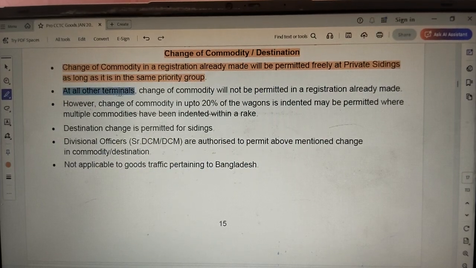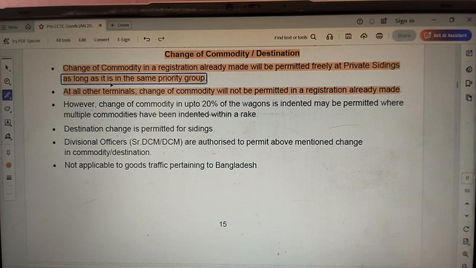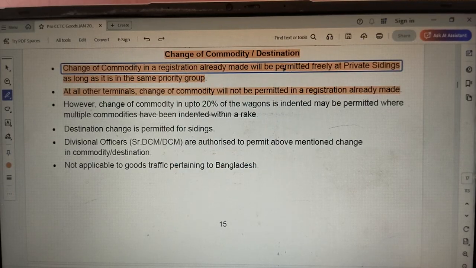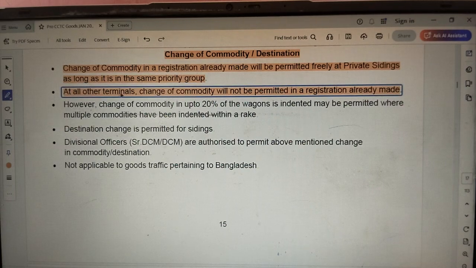At all other terminals, change of commodity will not be permitted in a registration already made.